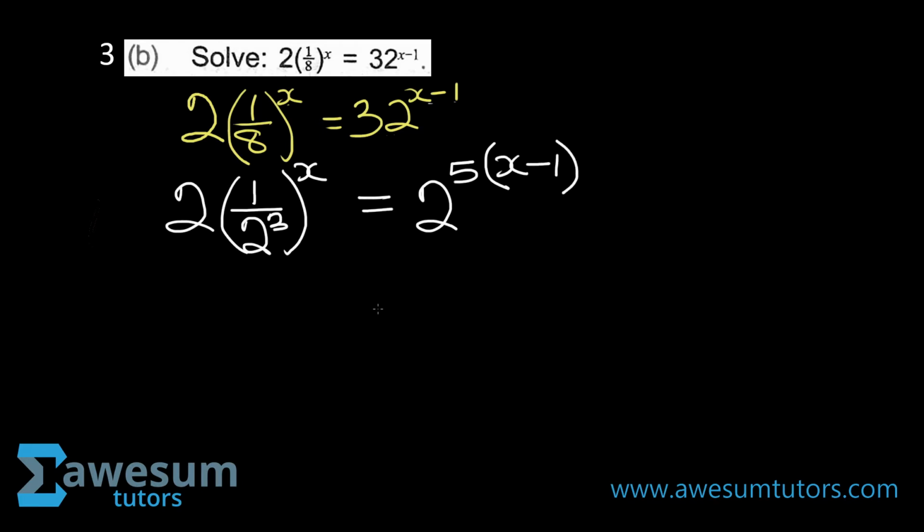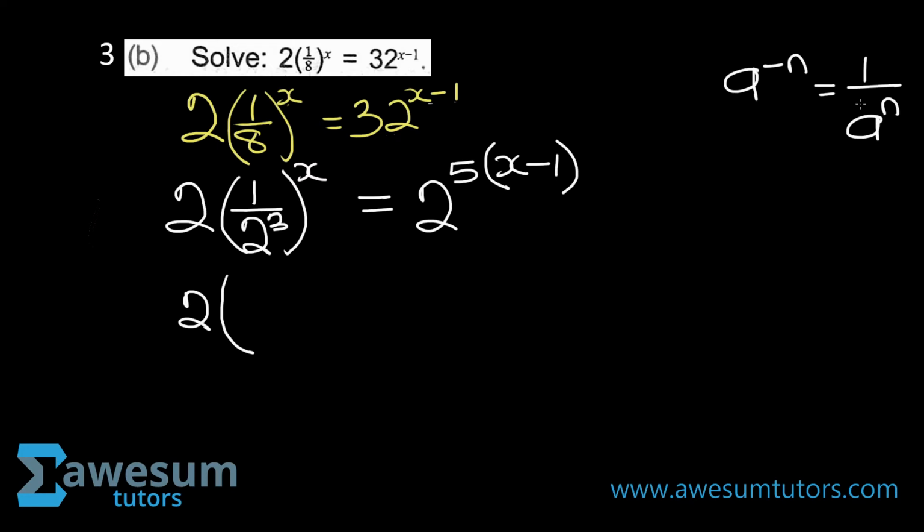Also, I can continue by saying 2 times a bracket. If you remember one of the laws of indices, whereby if we have a raised to the power of negative n, this is going to become 1 over a raised to the power of n.